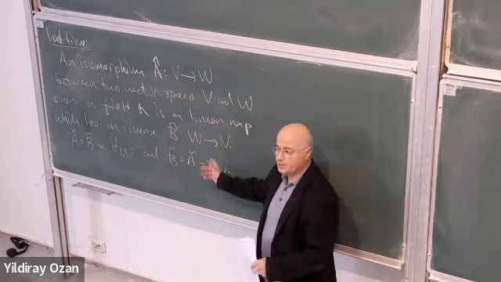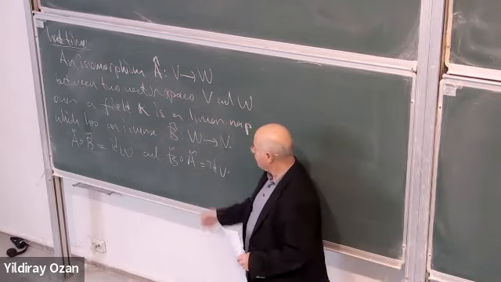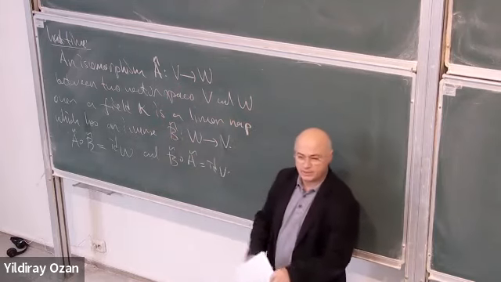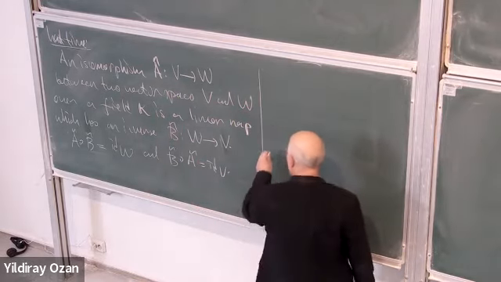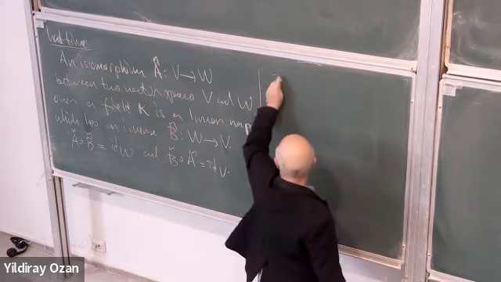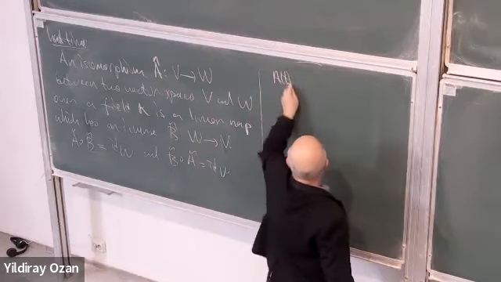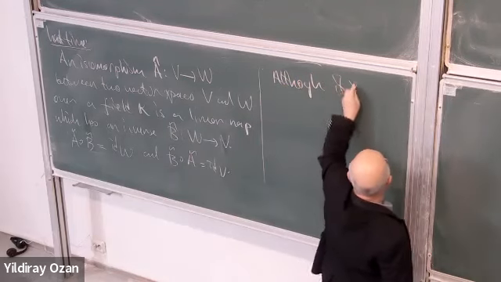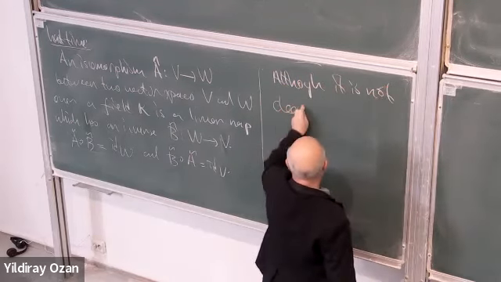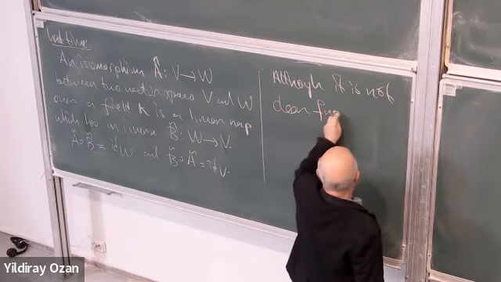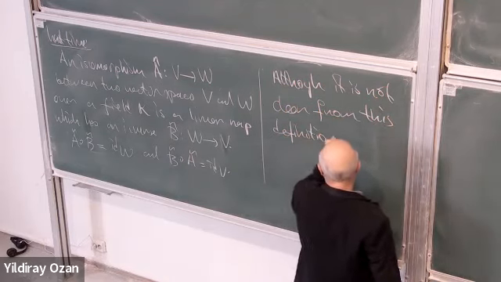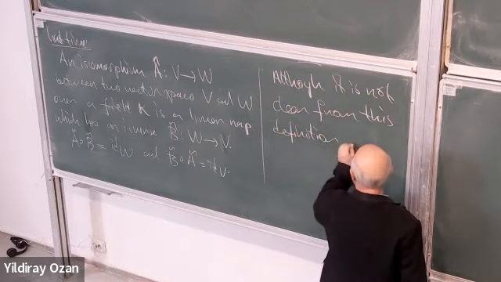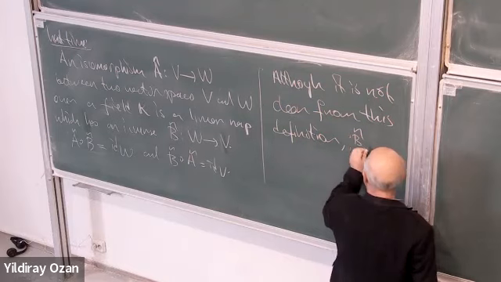It is not clear from this definition that if A is an isomorphism, then the inverse is also a linear map, right?